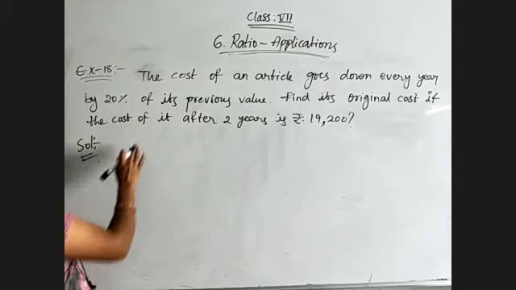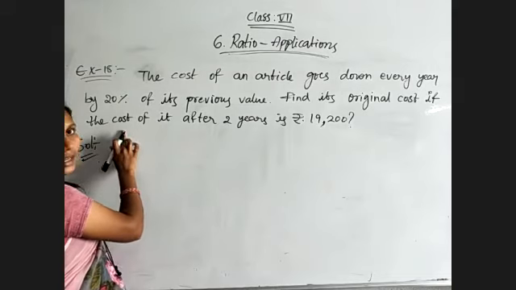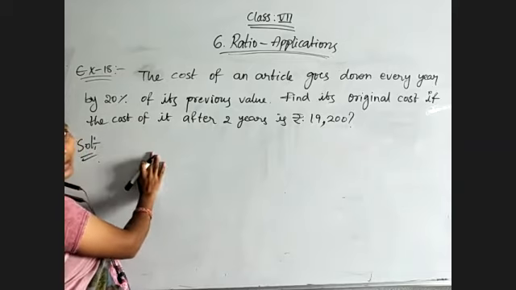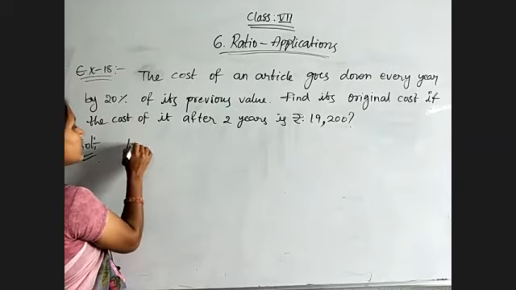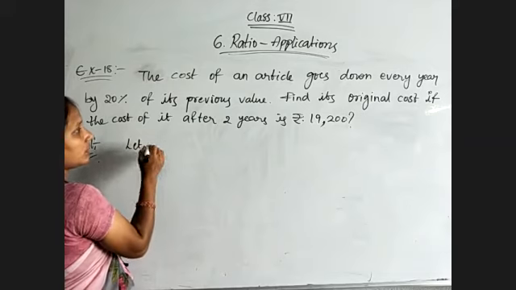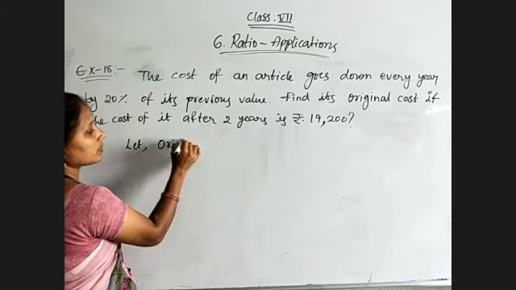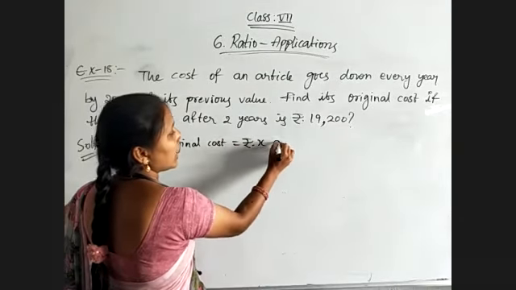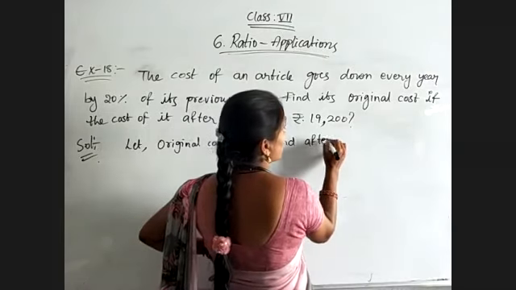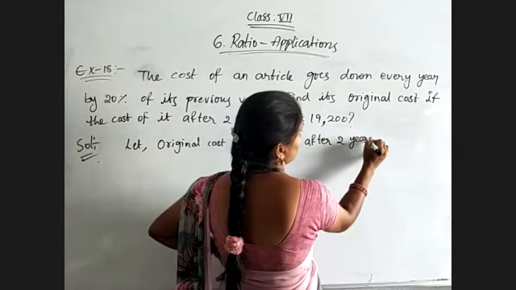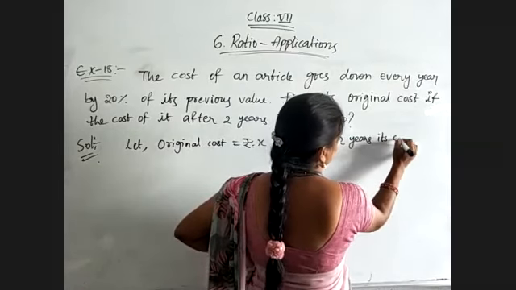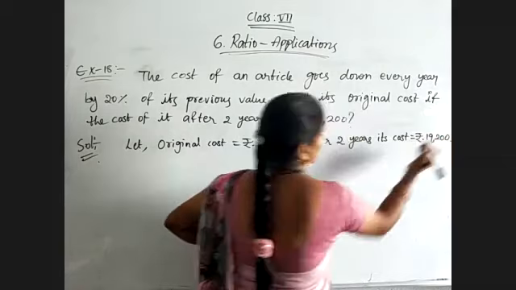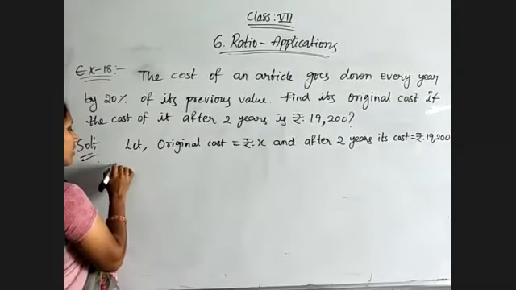First, let the original cost of the article be X rupees, and after 2 years its cost will be 19,200 rupees, as given.